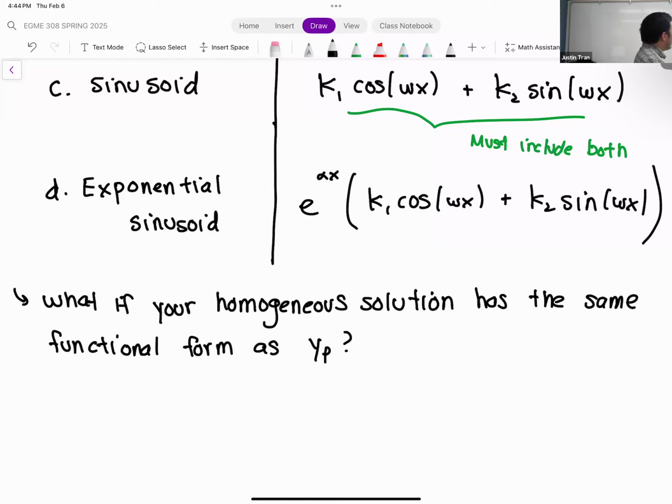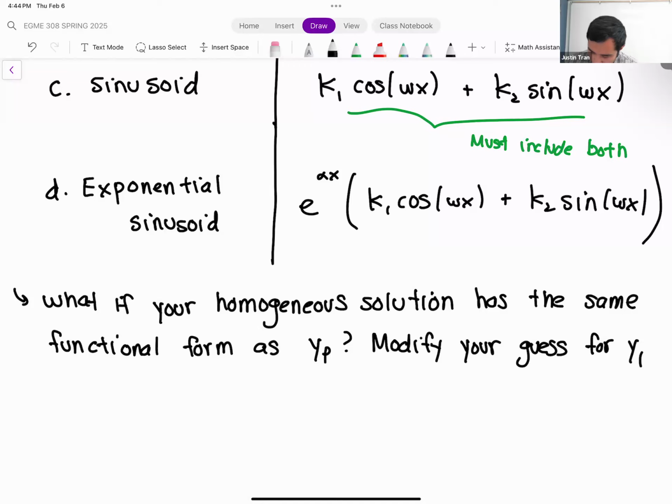In this situation, you have to modify your guess, because your particular solution must still be linearly independent from your homogeneous solution.